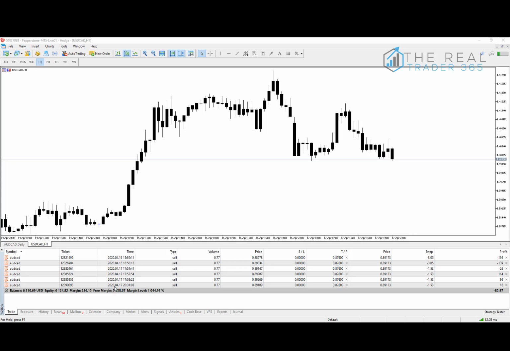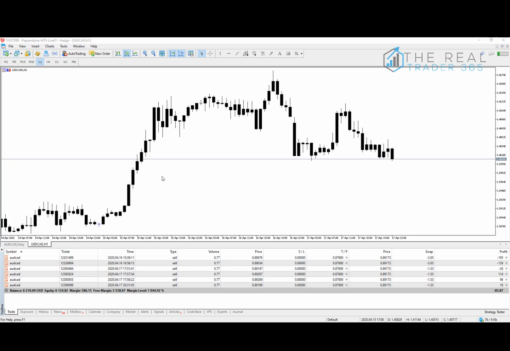Alright, so this figure moves, your equity moves, and your free margin moves, because again it's the difference between the equity and the margin. And the margin level is just a percentage of this that I just explained, the difference in terms of what's open and what's not open.